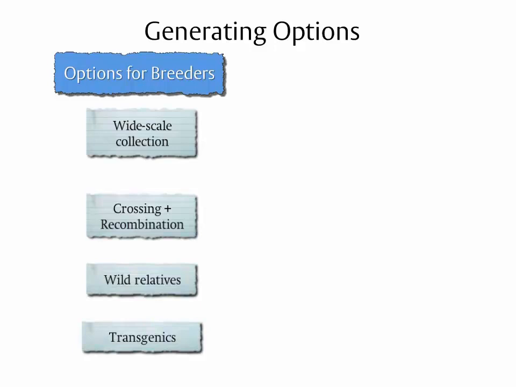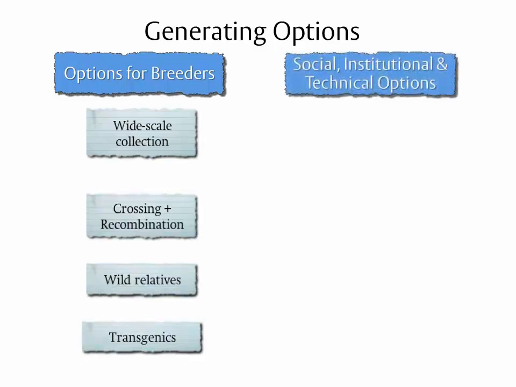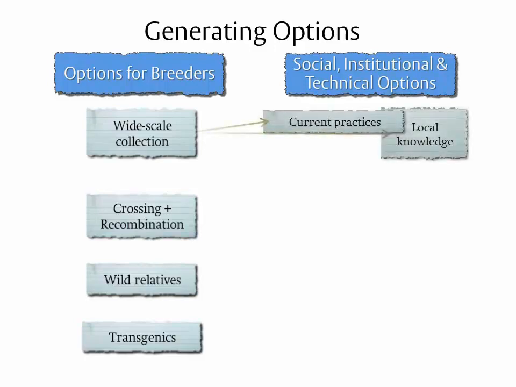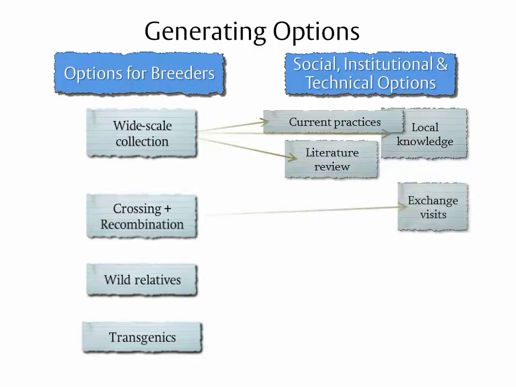If we think about a more broader collection of social, institutional, and technical options that we might study, then I believe there are parallels to each of these steps. If we think about a wide-scale collection, then what we're talking about is looking broadly at current practices of using local knowledge and interrogating the global literature. If we think about crossing and recombination, we can do something similar by, for example, arranging exchange visits between farmers working within different contexts. And we also have exchange visits, of course, between scientists.